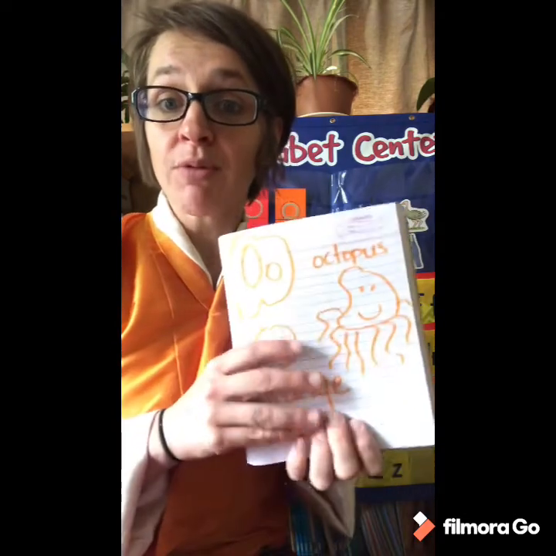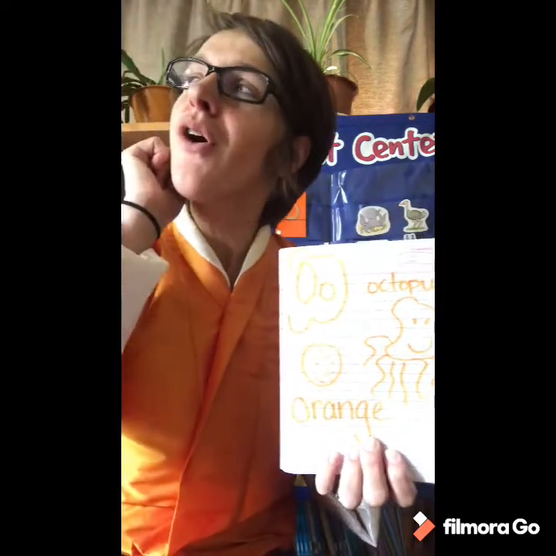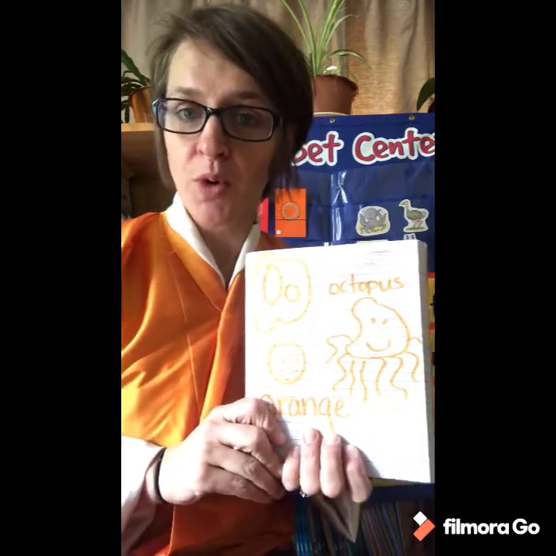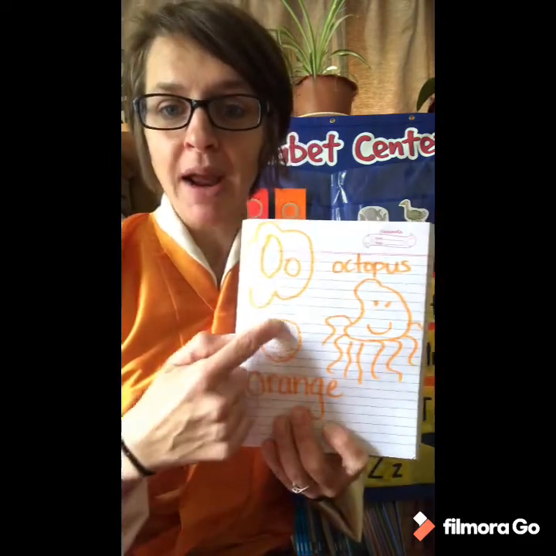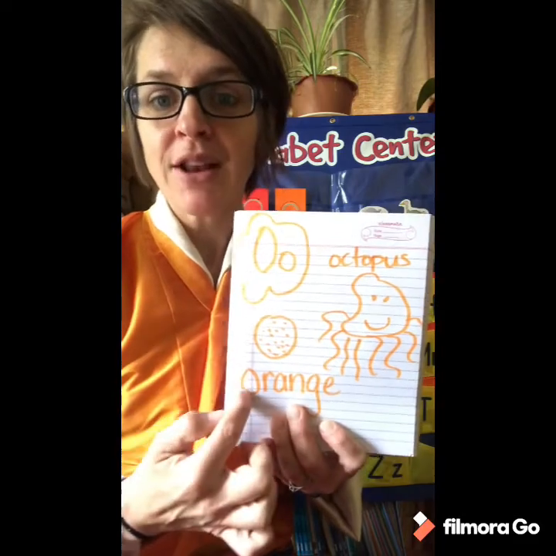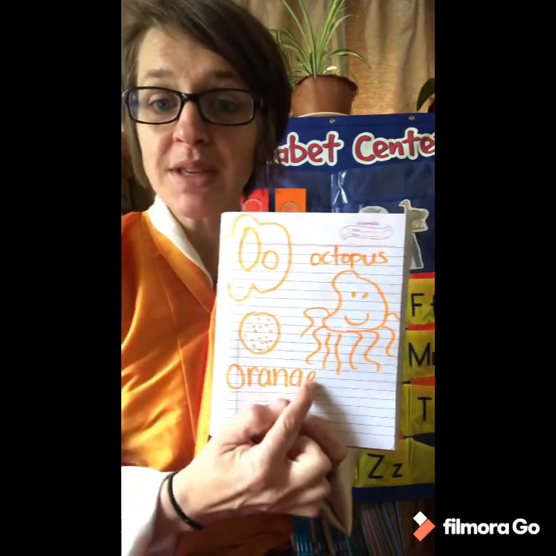The letter O has two sounds, ah and O. Then you can write a list. Think of your own words that start with ah, or your own words that start with O, and draw a picture of it, and your mom or dad can help you with the spelling of the word.